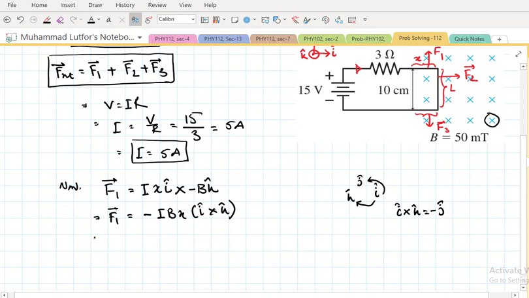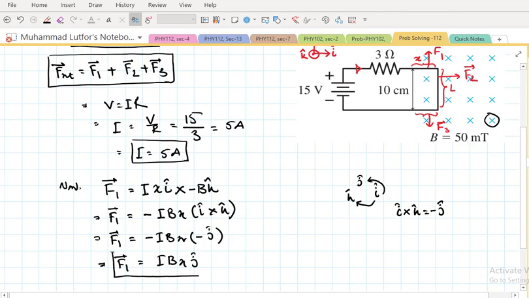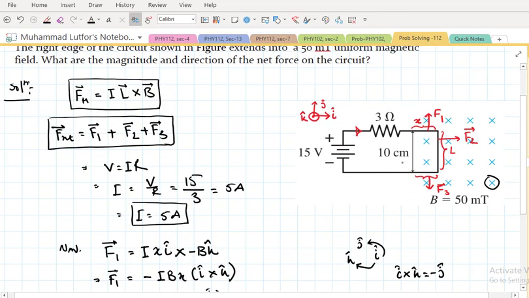Then F1 is minus I B x times minus j hat. The two minus signs give a plus, so F1 is I B x in the j hat direction, right? That means it is towards the positive y direction. I draw that one, this is my F1, right?